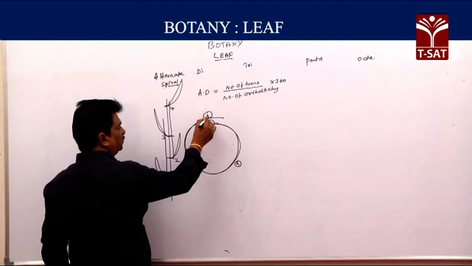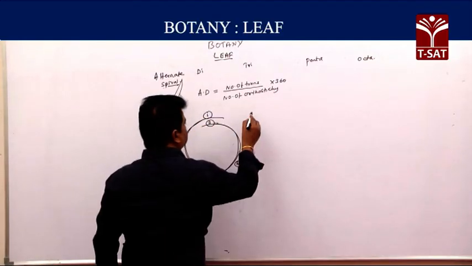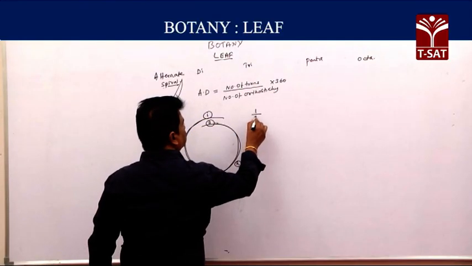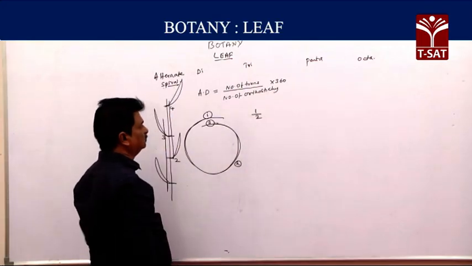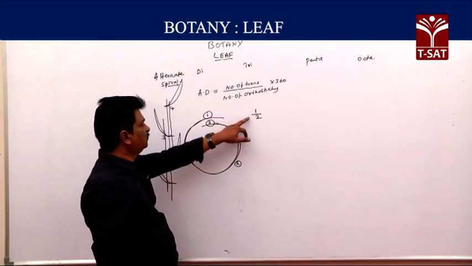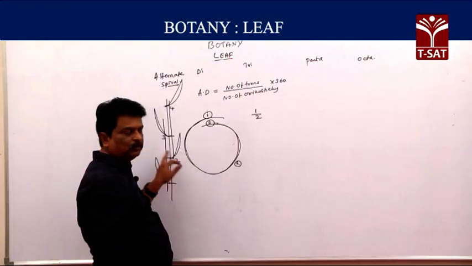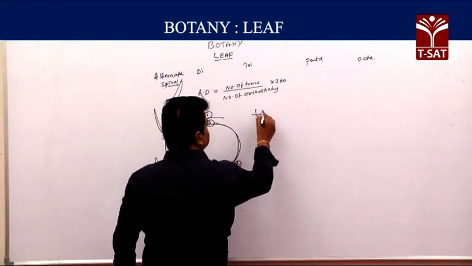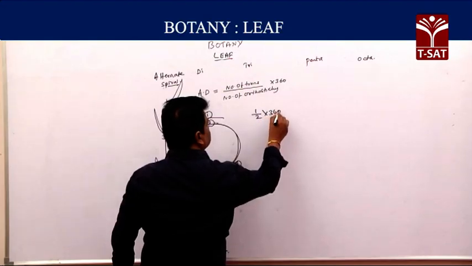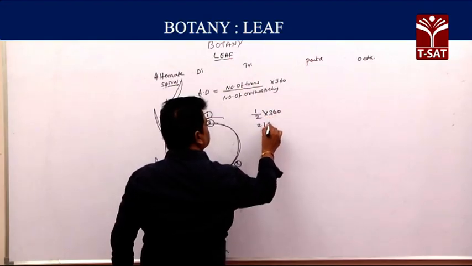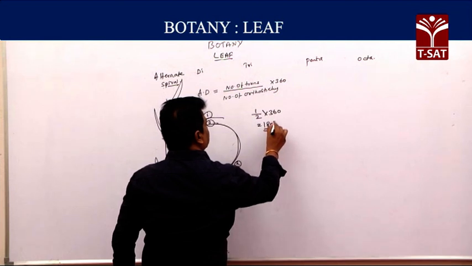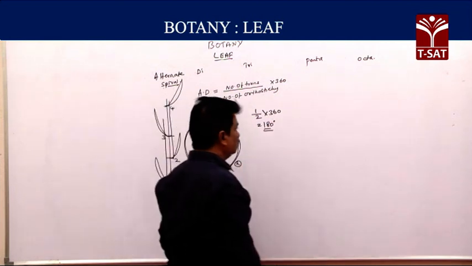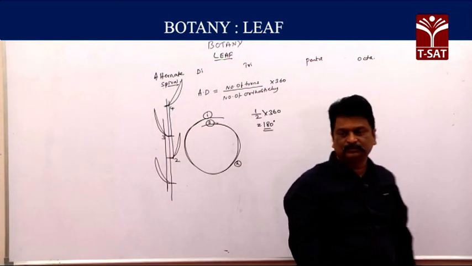So from the starting leaf to reach the first leaf again, the genetic spiral makes 1 turn. So number of turns is 1, number of leaves 2, into 360. So the angle of divergence is 180 degrees.